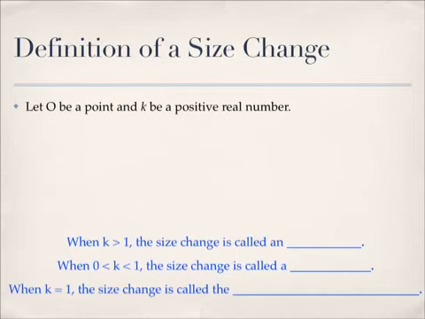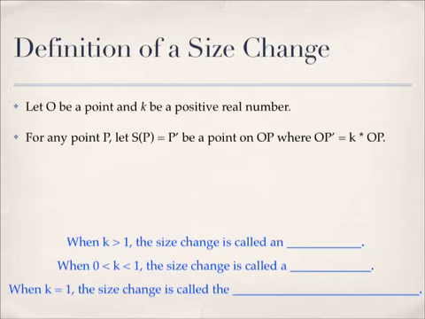And K, remember, stands for the magnitude of your size change. If you take any point in a figure, you can make a size change with it by taking the ray from O to that point and multiplying it by K. That's basically what that second line says.